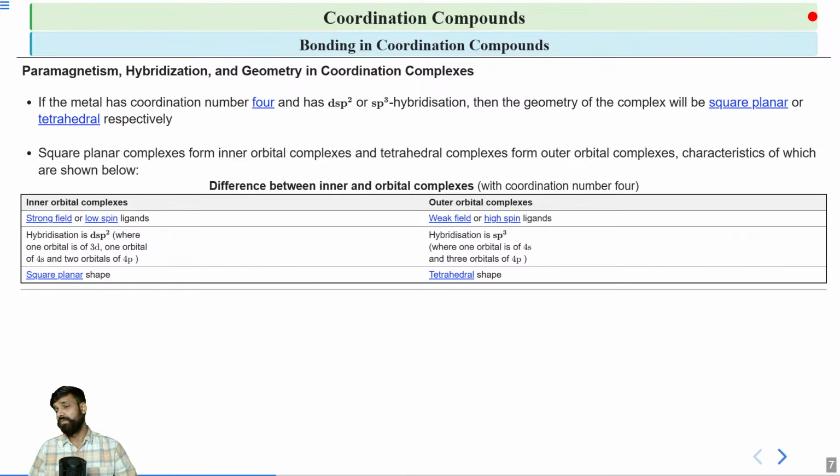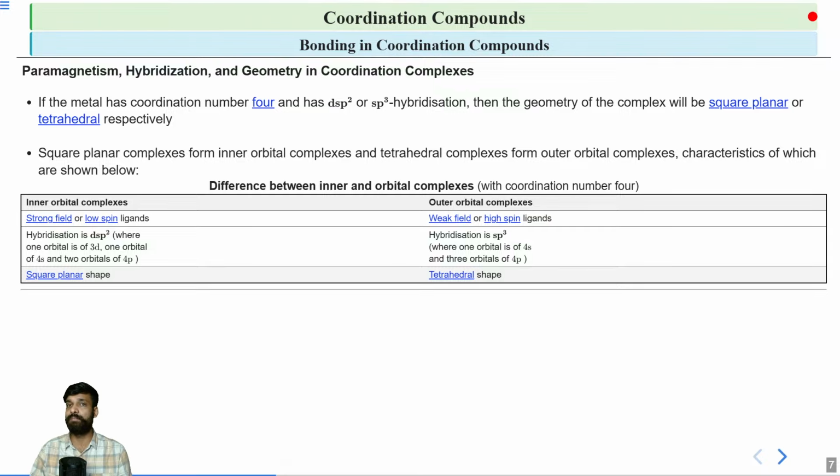So let me tell it for you. First of all, your ligand should be strong. So that is a necessary point, and it is written here also. The second point is that your d orbital must contain 8 electrons. What did I say? Your d orbital must contain 8 electrons, then and only then is your square planar complex formed. Now you take any example from your NCERT book which shows a square planar complex, and you will see that it will always have 8 electrons in the d orbital.